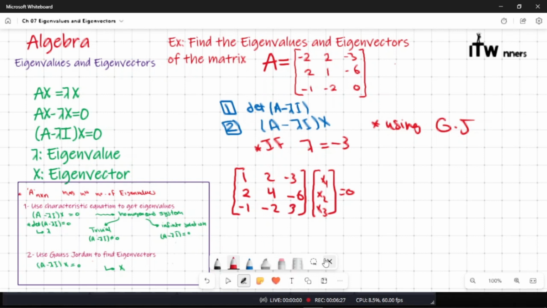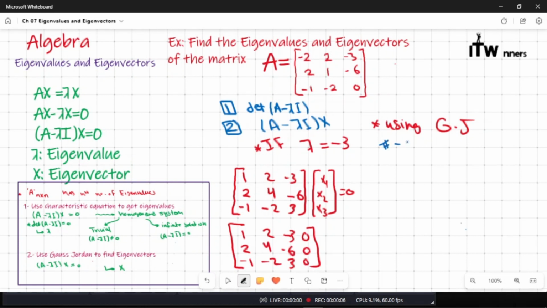Okay, let's augment our matrices. We have here 1, 2, -1, 2, 4, -2.